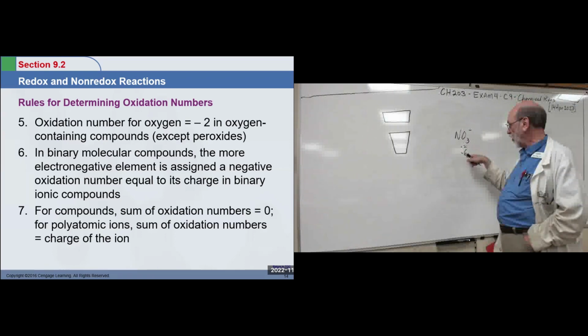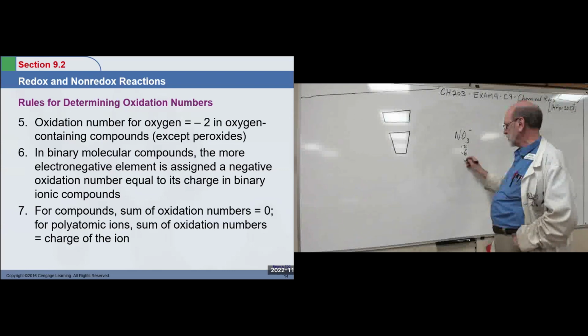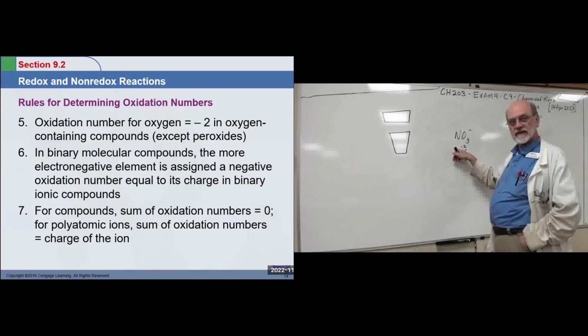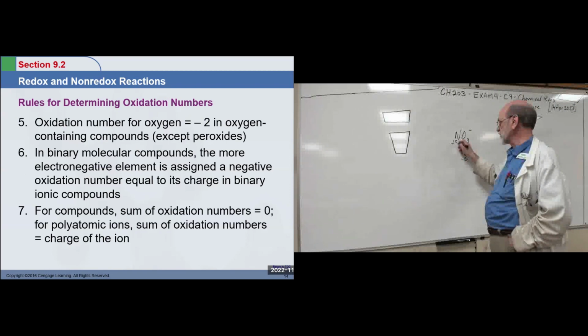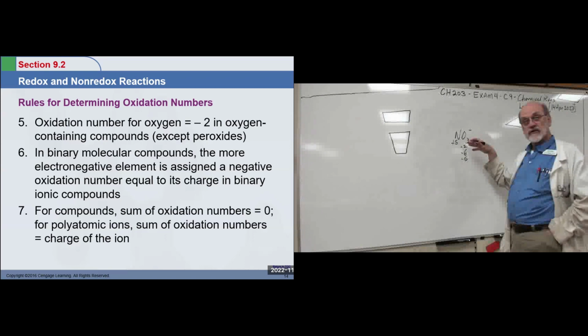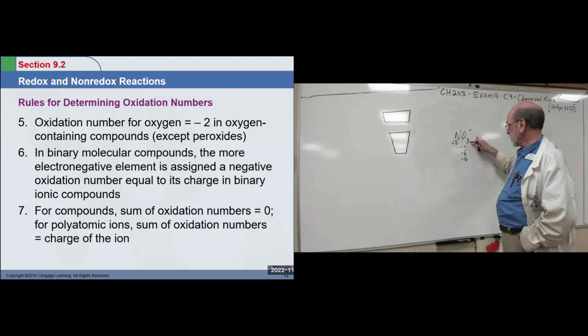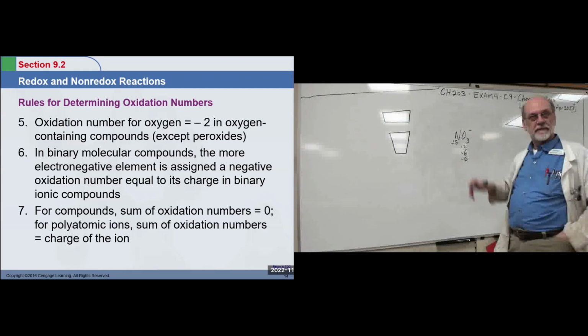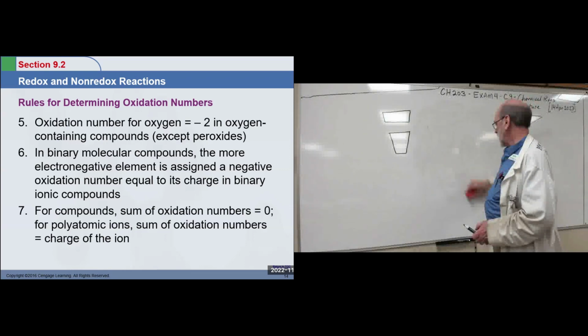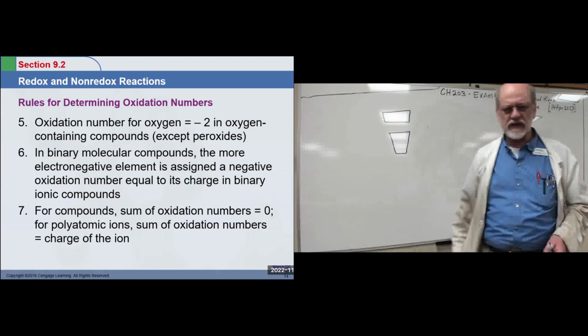The way I do it is I hold one of those negatives out for this one, so we only have to balance a -5 with the nitrogen. That means the nitrogen has to be a +5. And you go back and check yourself: 3 times 2- is 6-, and +4 is 1-. I find myself making fewer mistakes when I do it that way.